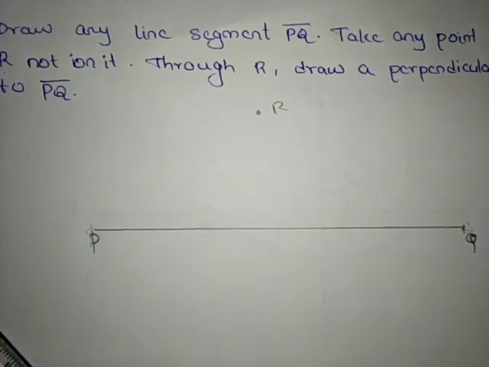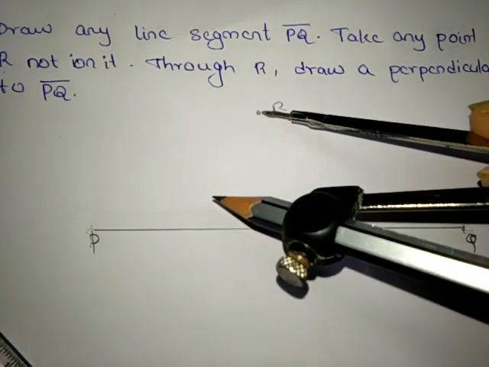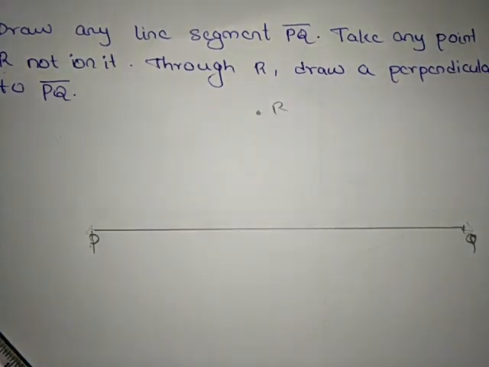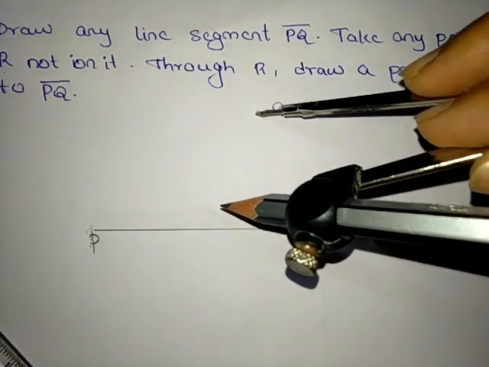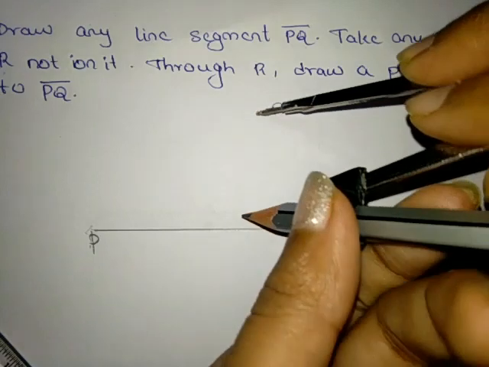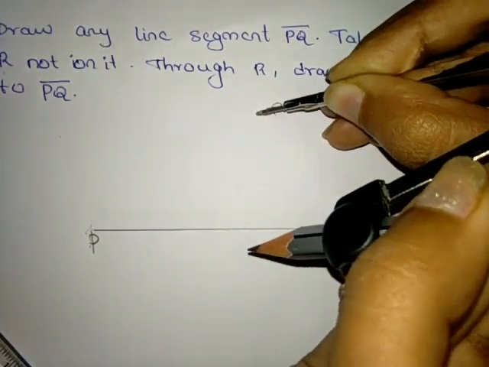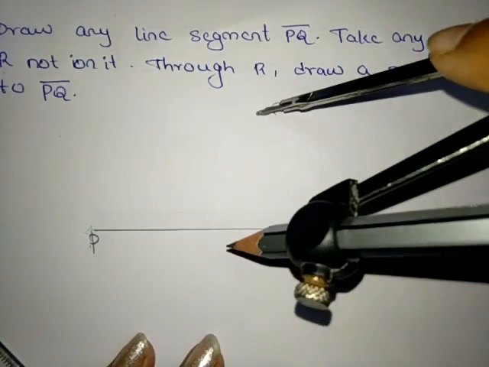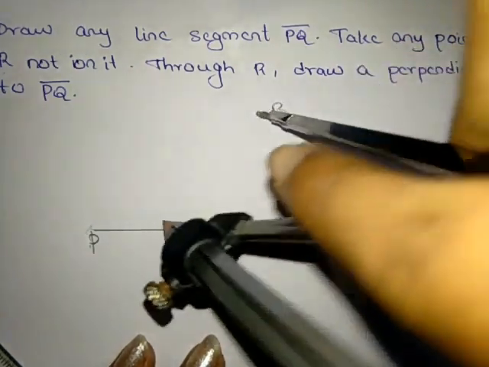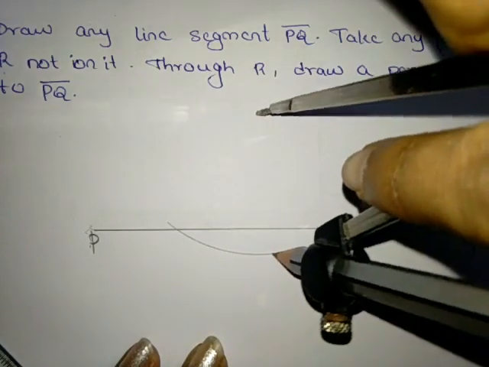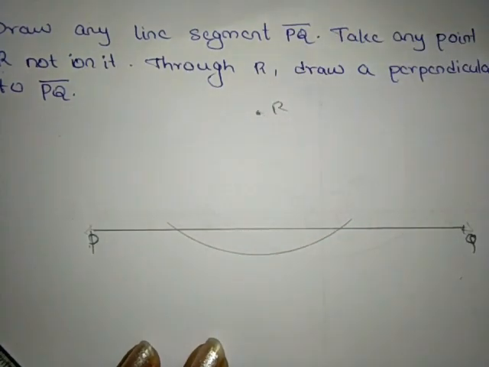Okay. Next we'll take a compass and we'll cut the line PQ here. I will adjust the compass. You can see here. Now I will cut this line segment PQ. Okay.